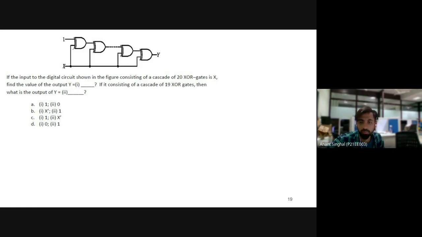Okay, X complement. So there are two options. Should I proceed or is anyone doing it? Shall I do the solution?